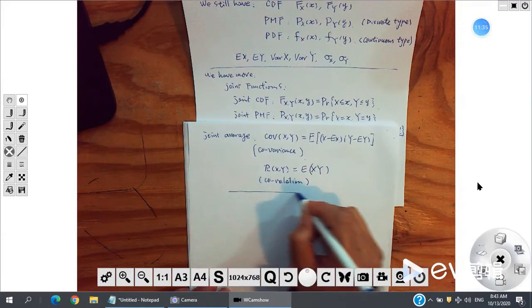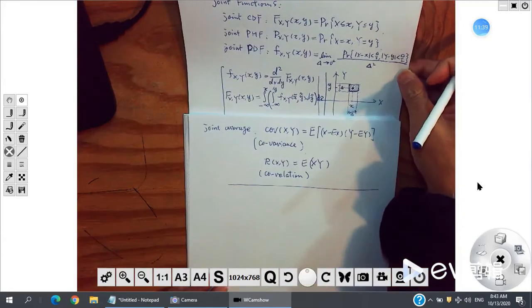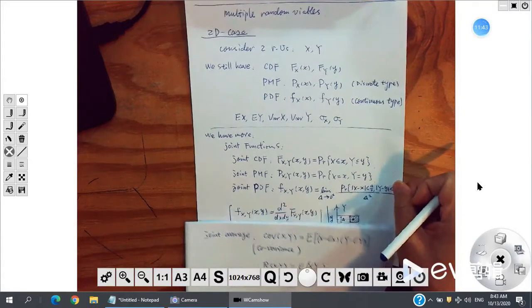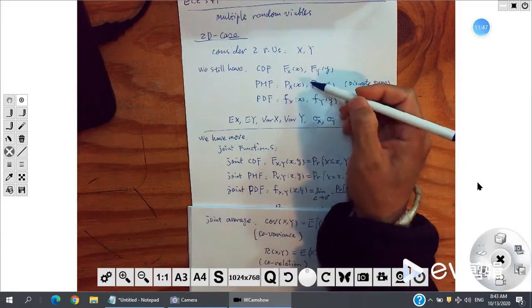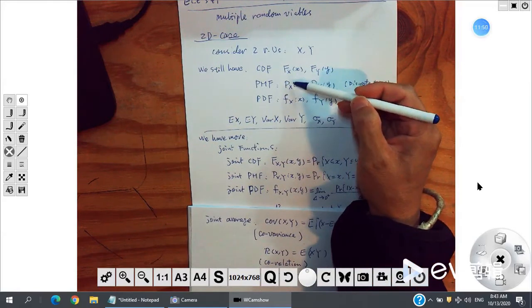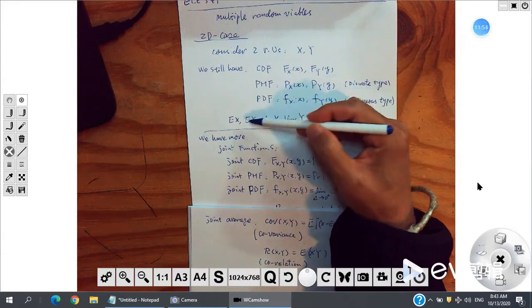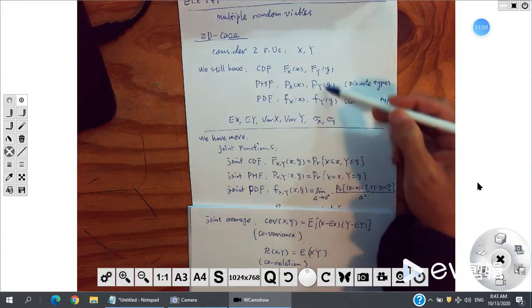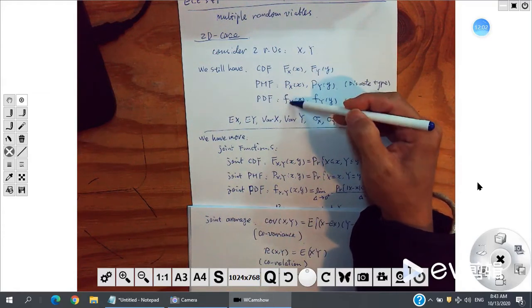Okay. All of these are definitions. So when we have two random variables, we have a lot of things. First of all, for fx, px, fx, and variance, E and standard deviation, we have double, for x and for y.